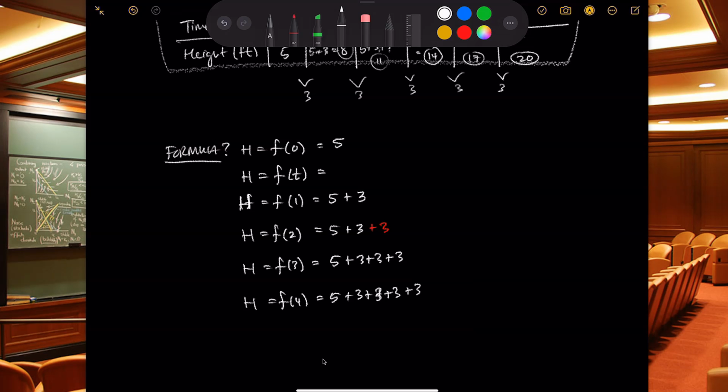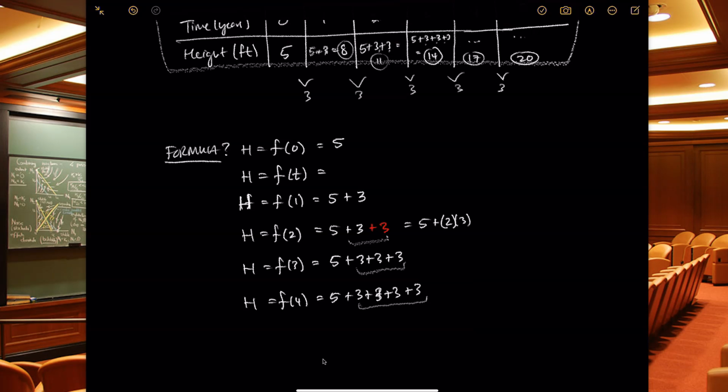But what we see here is we're having this repeated addition, and each time we're adding 1 more on, right? And so really, what is this? This is 5 plus 3 times 2, right? 3 plus 3 is the same as 3 times 2. That's 6.